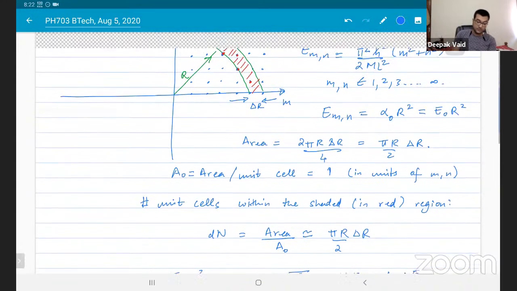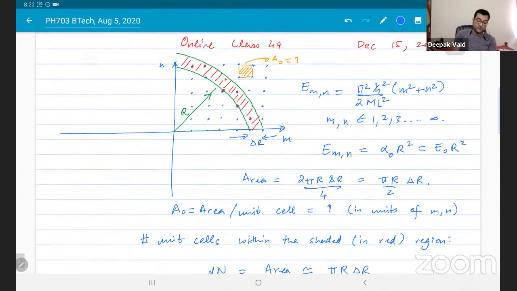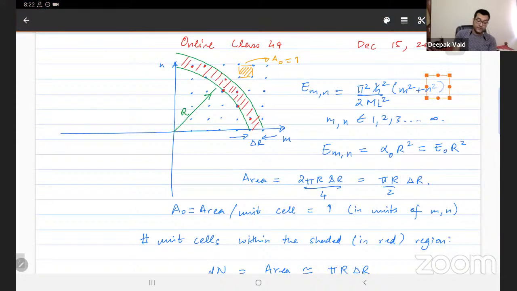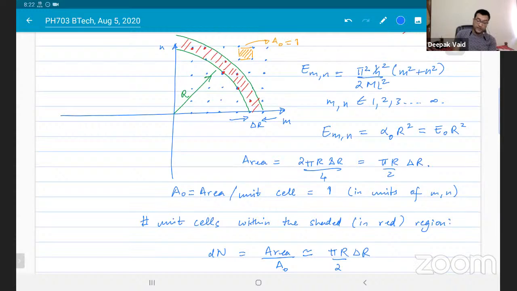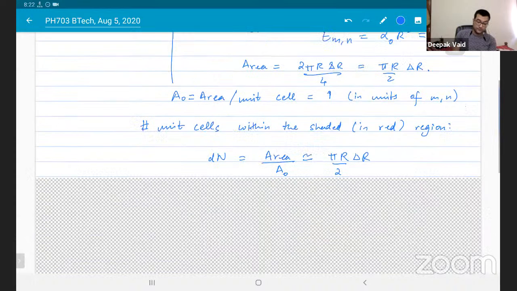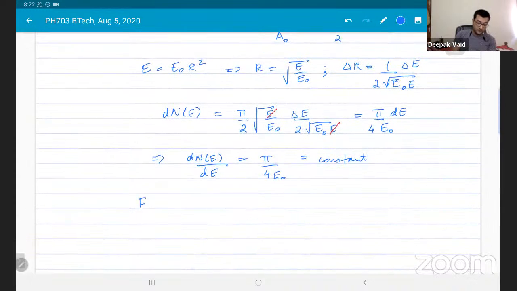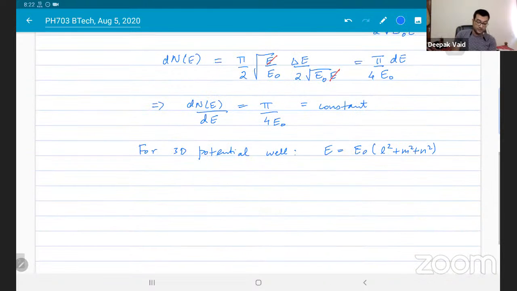And one thing you can see is that, let's say that you were to do the same calculation for a 3-dimensional potential well. What would happen is that here you would get one more number, right? But now instead of an area, you would have a volume, right? For a 3D potential well, the energy would be equal to some E naught again plus 3 integers.